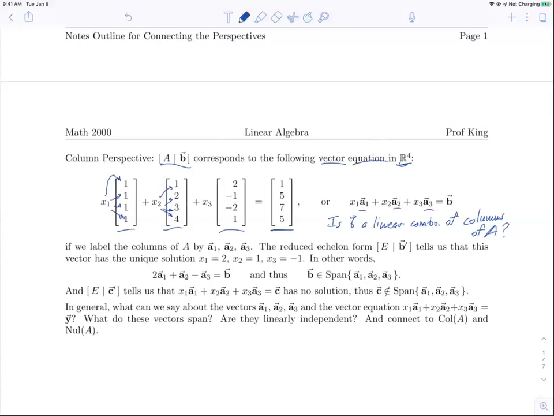But again, we already saw a solution. We saw the solution 2, 1, minus 1, because we've already row reduced. And so those are the values of the scalars that sit in front of the vectors.